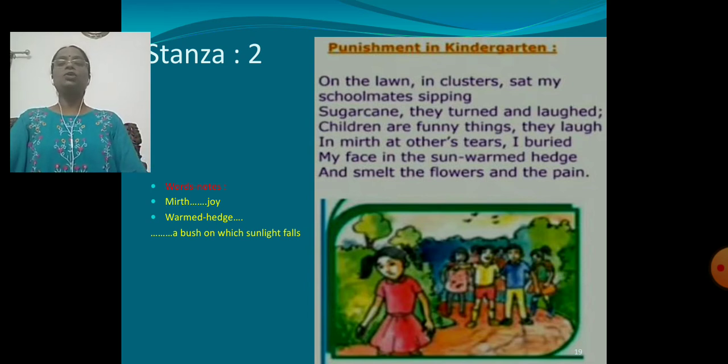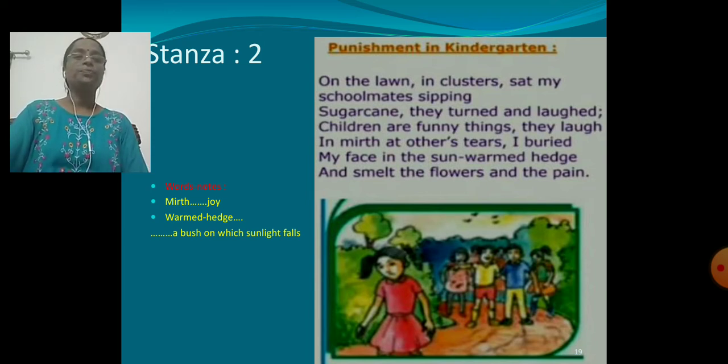So here in this stanza you can see that the poet associates flowers with pain. I think she has tried to compare her delicate, sensitive childhood with the delicate flower, which is quite sensitive and delicate. And thus she wants to convey that this event shook her innocent childhood.